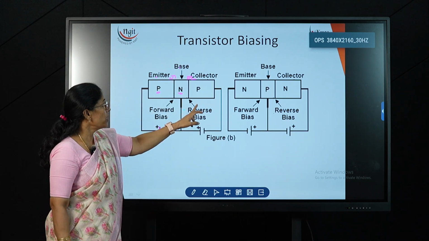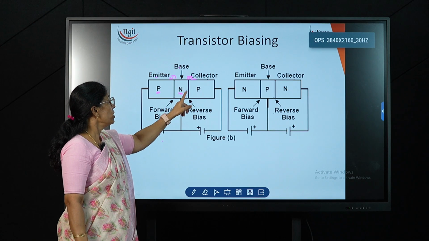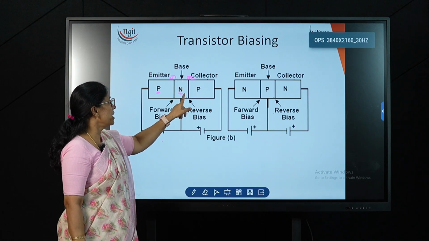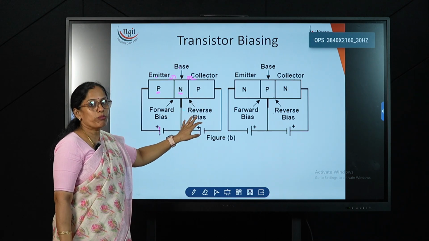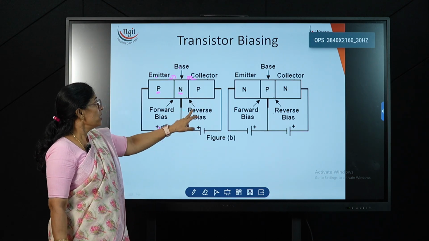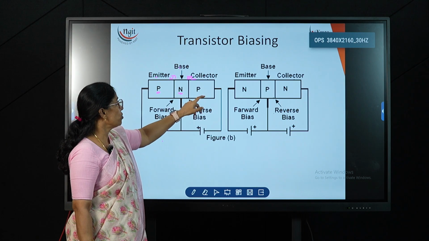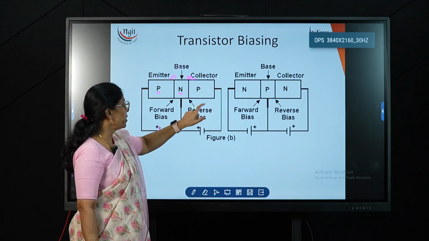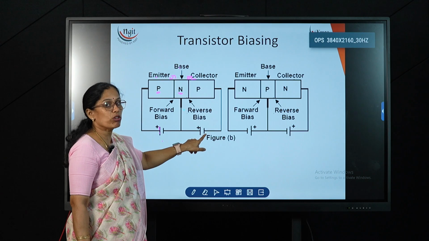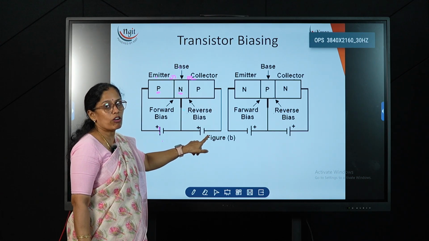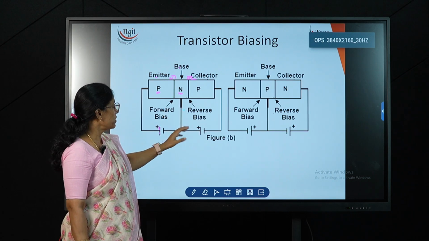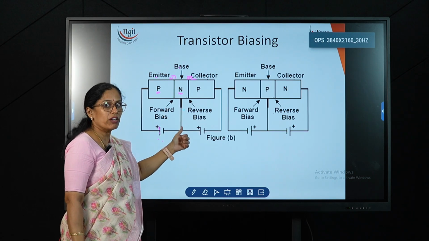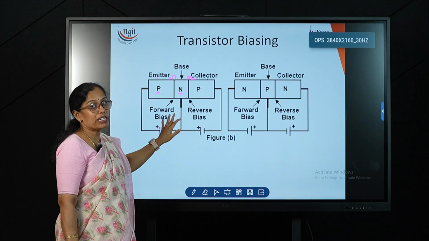Similarly for the output side, or junction 2, the base collector junction, the base is made up of N and the collector is P. So we need to make a reverse bias at the output junction. The collector is made up of P, so to make reverse bias we connect the negative terminal of the battery to it and the positive terminal goes to the base. Like this we are applying both forward and reverse bias to the single transistor.